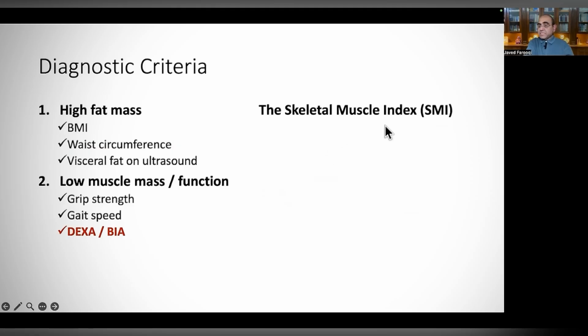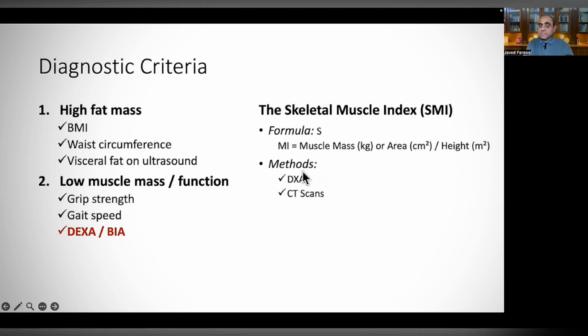The skeletal muscle index formula is muscle mass in kg or area in square centimeter divided by height in square meter, and it is calculated by DEXA or CT scans. When it is less than 7 kg per meter square for men or less than 0.7 kg per meter square for women, this is diagnostic of sarcopenia.